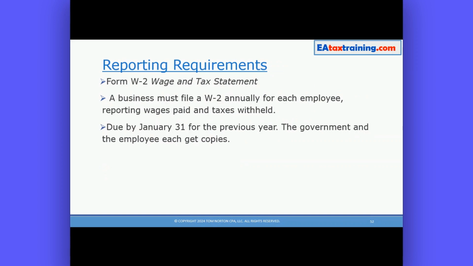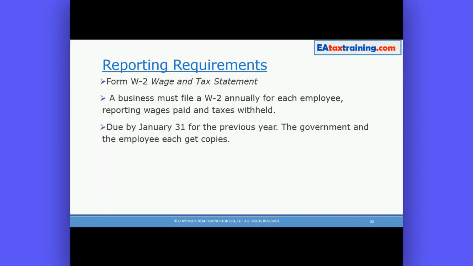So W-2s, you're probably familiar with a W-2. This is what you get if you have a job. At the end of the year, your employer sends you a W-2, a wage and tax statement. It is filed annually. It is for each employee. It reports their wages paid and taxes withheld along with other information. And these must be filed by January 31st of the following year. So you have to file it by January 31st for the previous year.